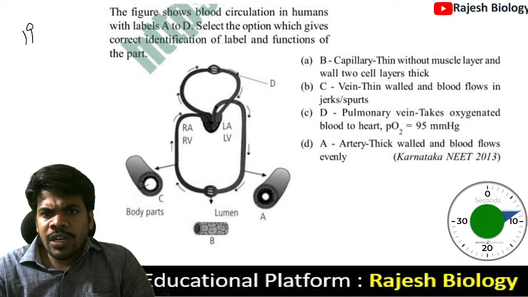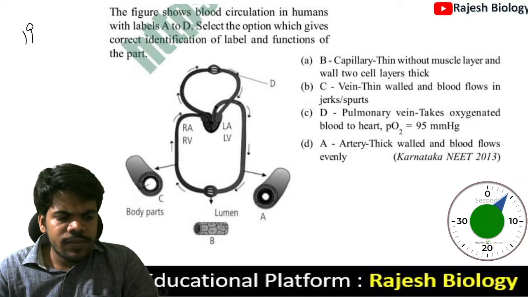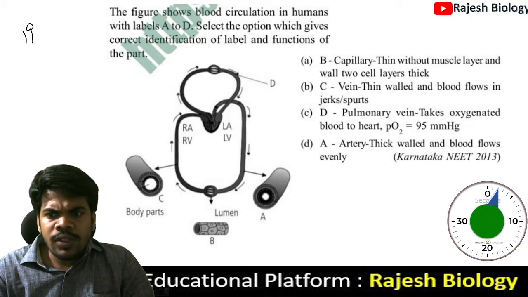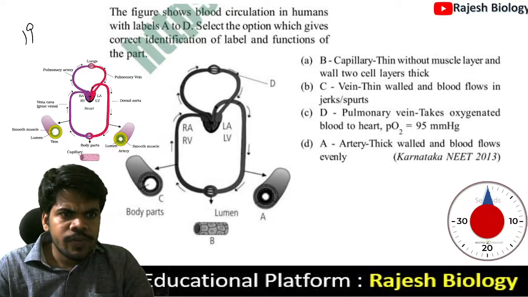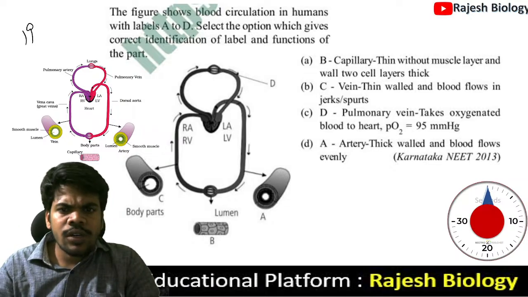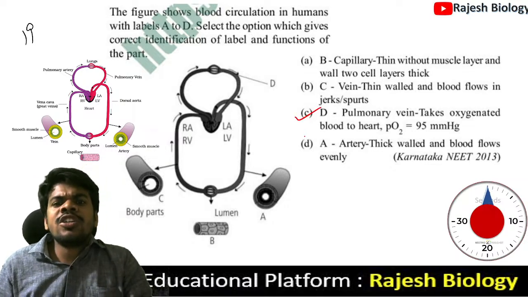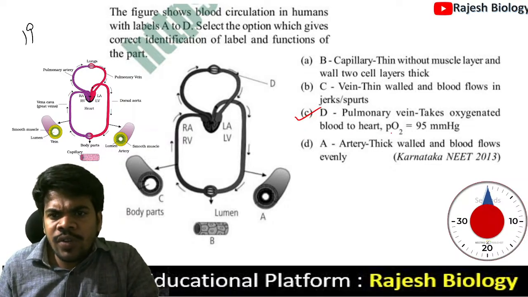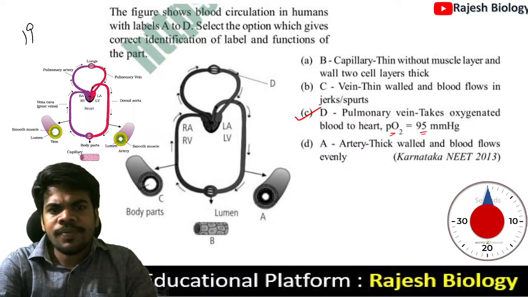The figure shows blood circulation in humans. 3, 2, 1. Here is the clue. The 19th question: D is the pulmonary vein. It takes oxygenated blood to the heart. The partial pressure of oxygen is 95 mmHg in oxygenated blood. Okay.